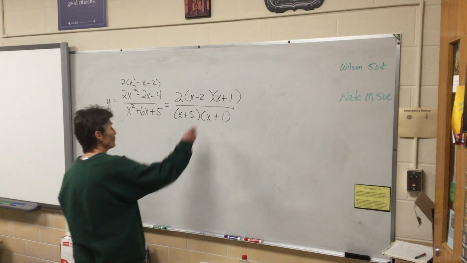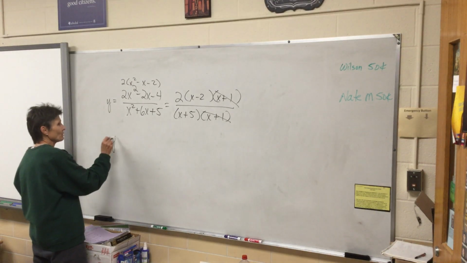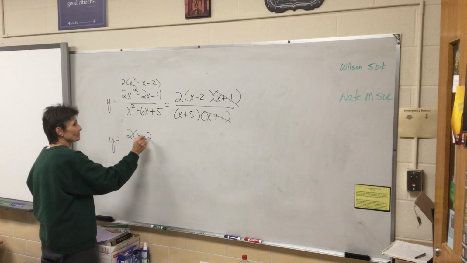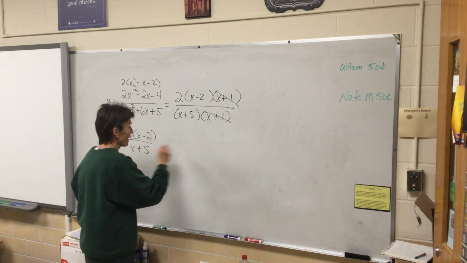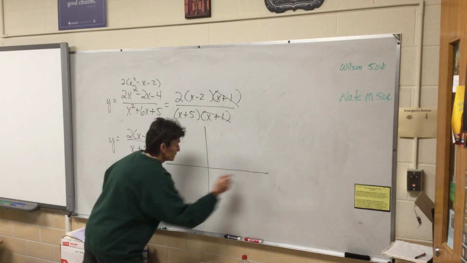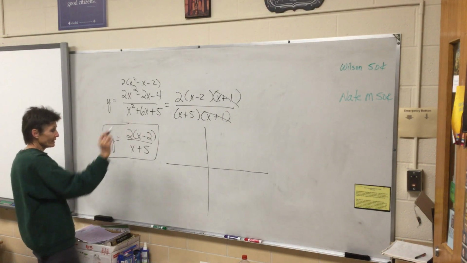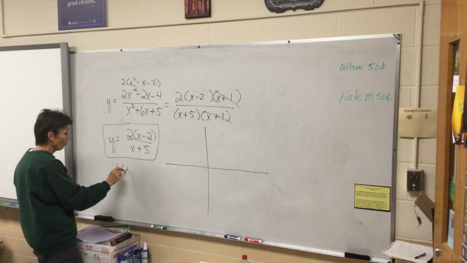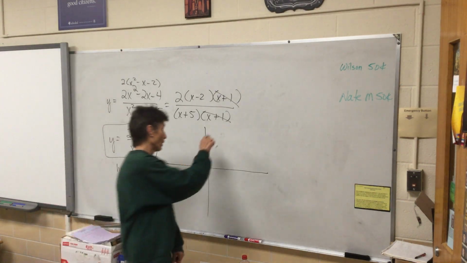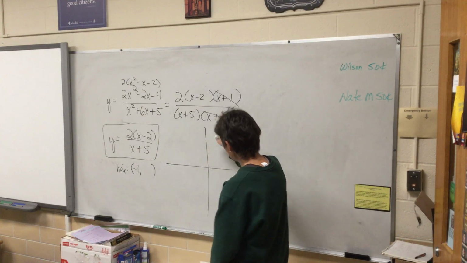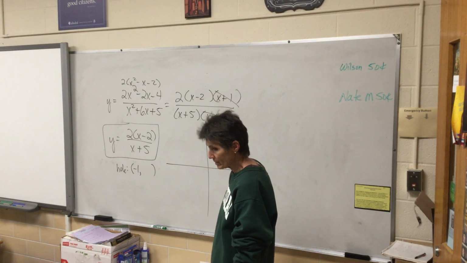So, Jacob, do you notice that something cancels? So I'm going to rewrite my problem, what's left, and this is now what I'm going to graph. But I recognize I'm going to have a hole, and that hole is going to happen where x is -1, because your hole always comes from what you canceled out.